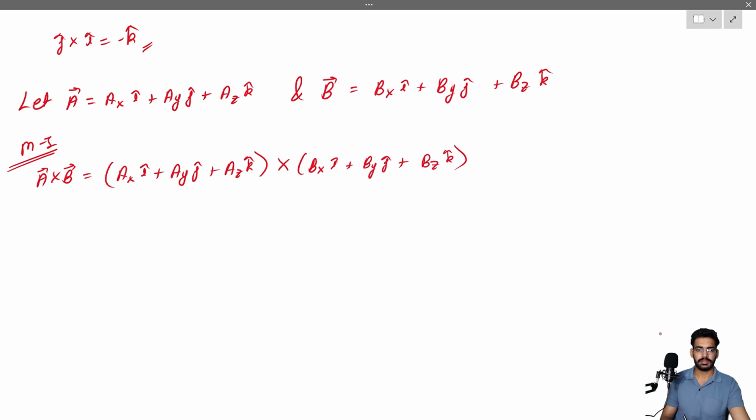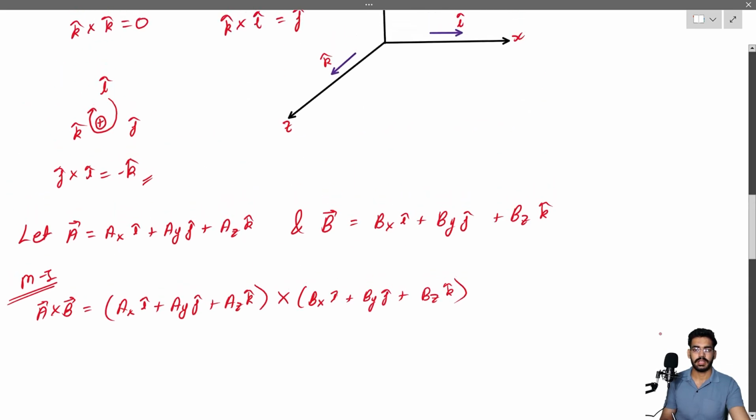When you open the bracket, ax i cap crossed with this whole thing: i cross i is 0, i cross j is k cap, and i cross k is minus j cap. When you go with ay j cap, j cross i is minus k cap, right?